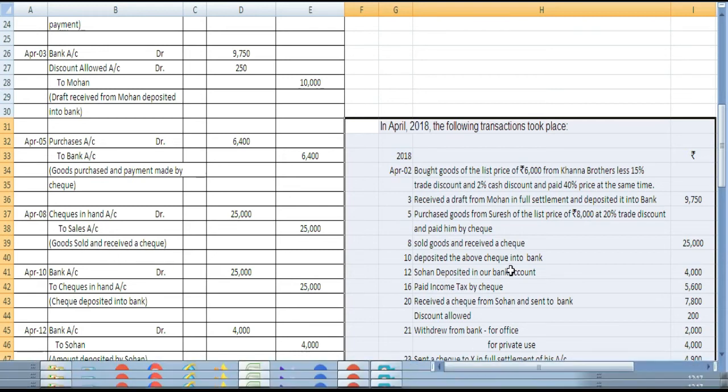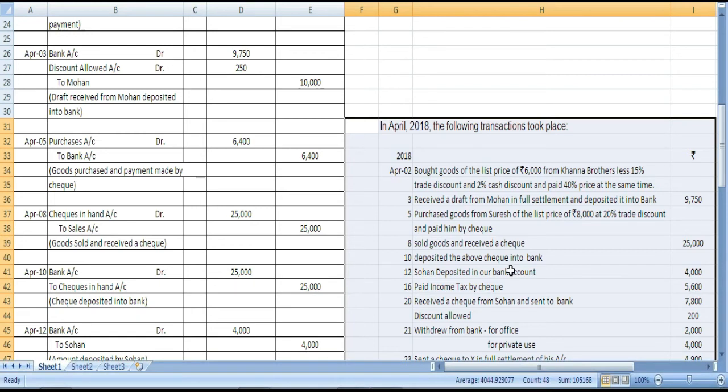April 10, deposited the above check into the bank. Now, this check is going out and it has been deposited into the bank. So, the bank is increasing, so here we will debit the bank because money is coming in. The check is going into the bank.